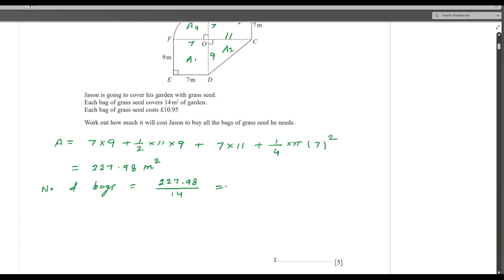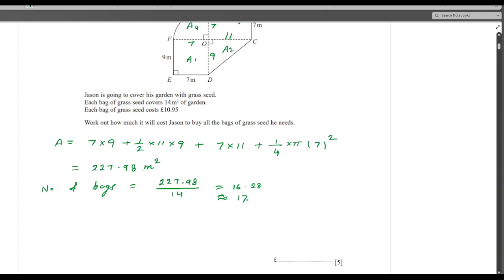If we divide this by 14, we get 16.28. Now understand that no one will give you 16 complete bags and 0.28 of a bag. So your number of bags will be approximately equal to, this is the sign for approximately equal.